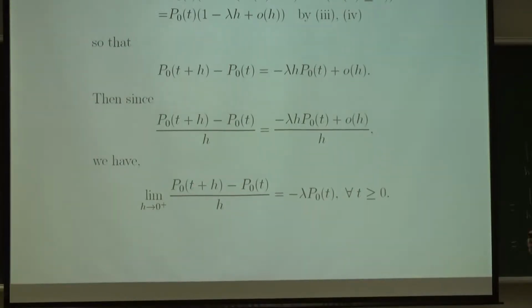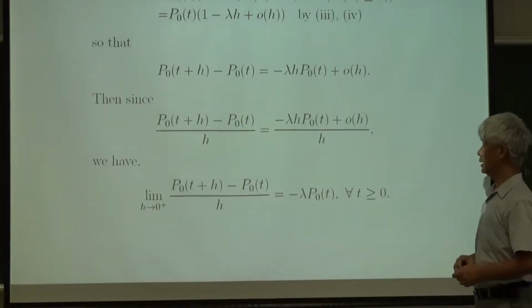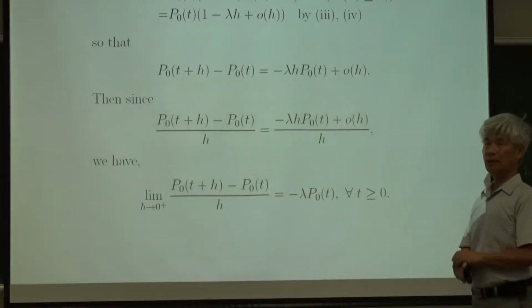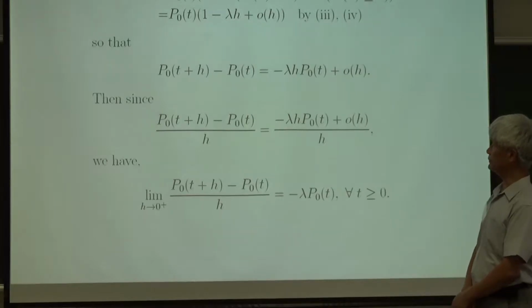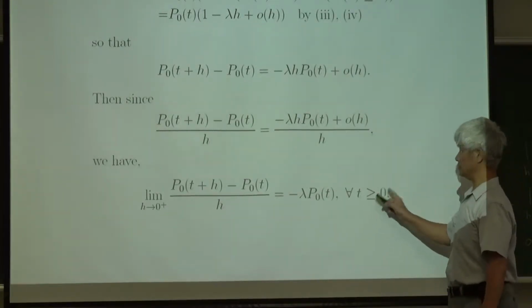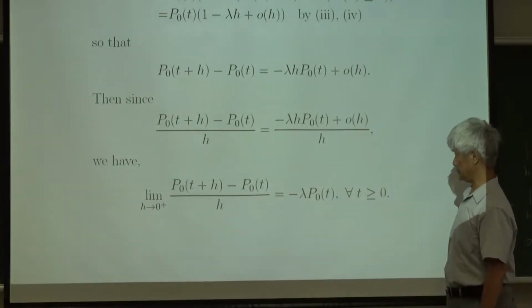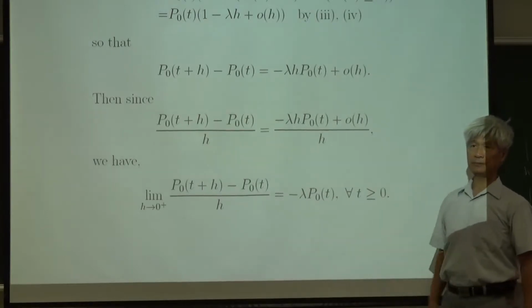So from Roman 3 and Roman 4, we proved that P0(t) has a right-sided derivative for all t greater than 0. So from the right hand side, you have a right-sided derivative. Any questions?